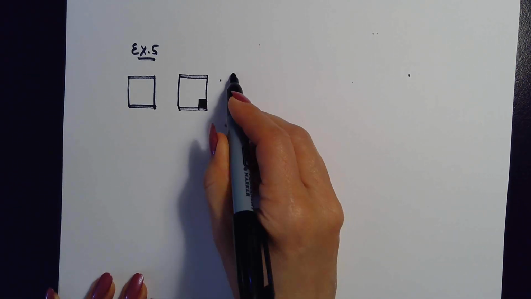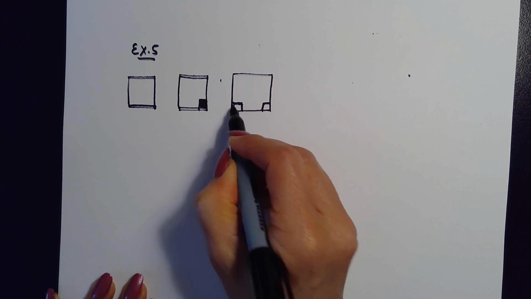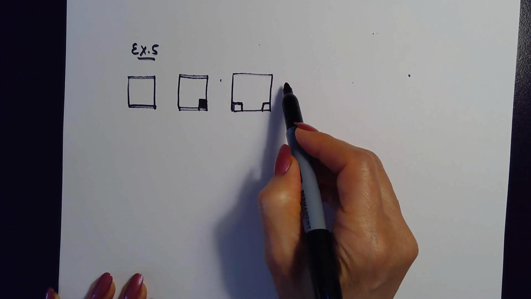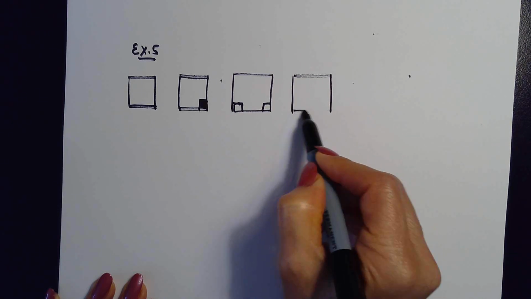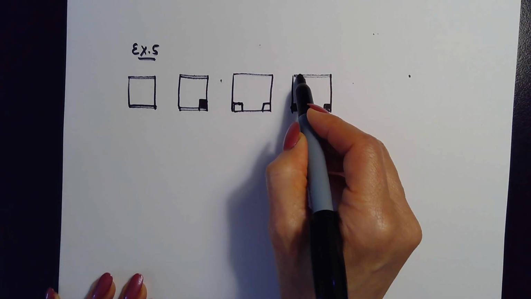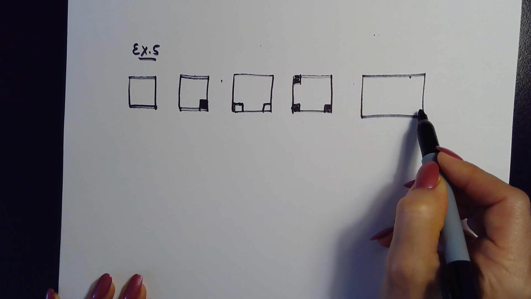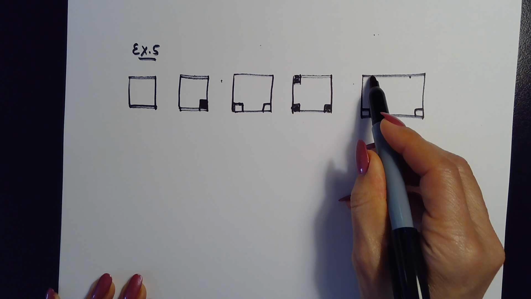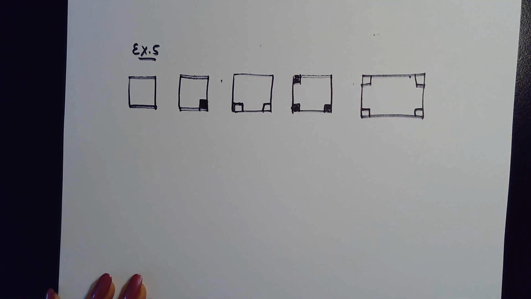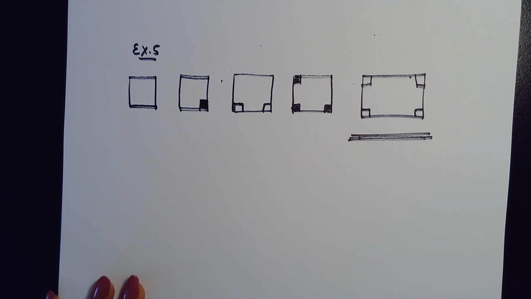And then the next one is two small squares shaded. And then the fourth one is going to be 3 little squares shaded. So you expect the last one to be all the little squares, but not shaded. That would be the fourth item.